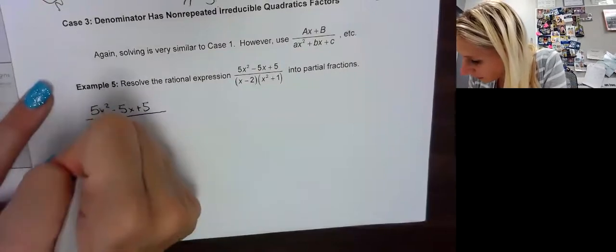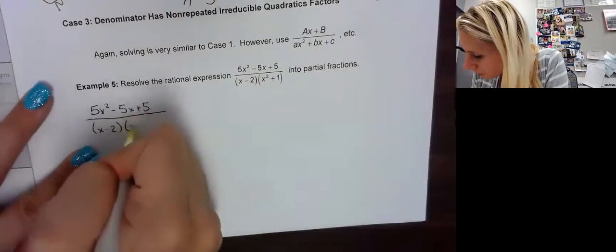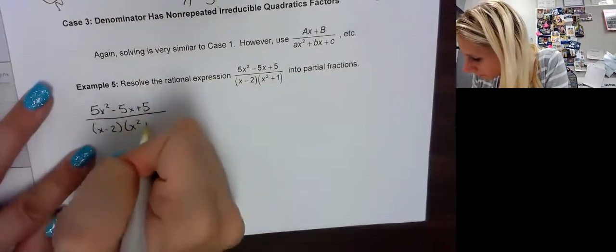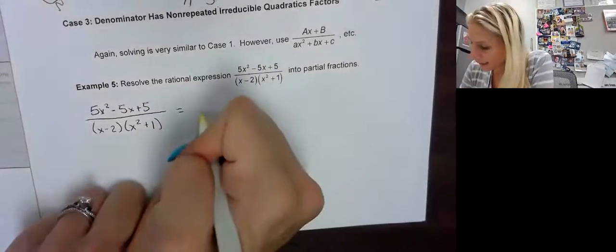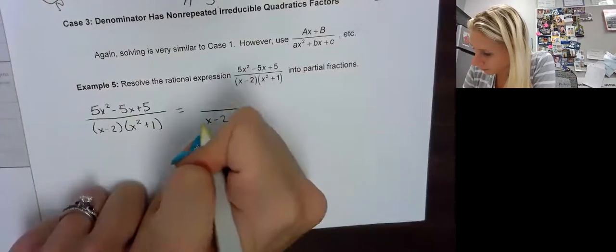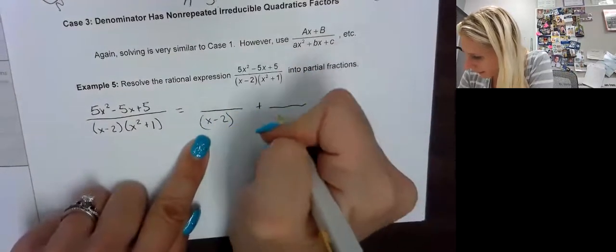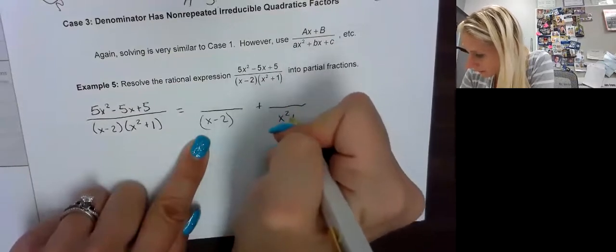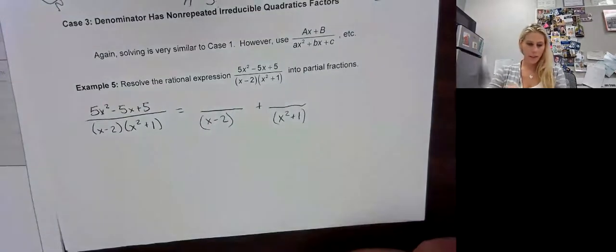If we're lucky, they'll always have it factored. So when I break this up, I'm going to do this step by step so you can see this. You see that I'm going to have an x minus 2 as one factor and an x squared plus 1 as another factor.